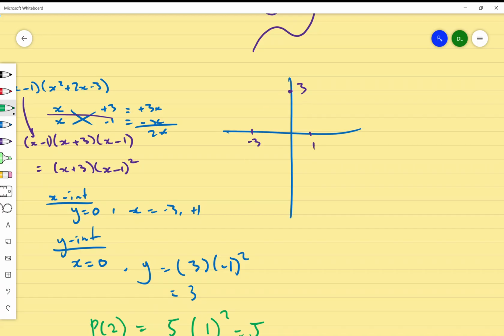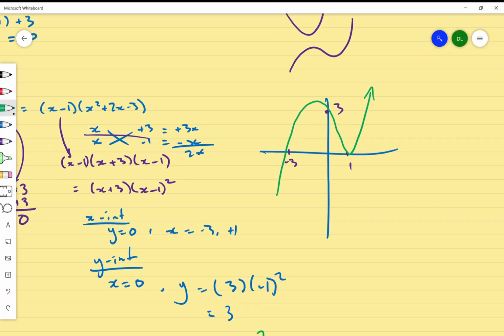Let's try that again. I think we can do better. There we go. You can see how at x equals positive 1, we have a repeated factor, and therefore it's going to be what we consider a quadratic there. Okay? Any questions about that so far?